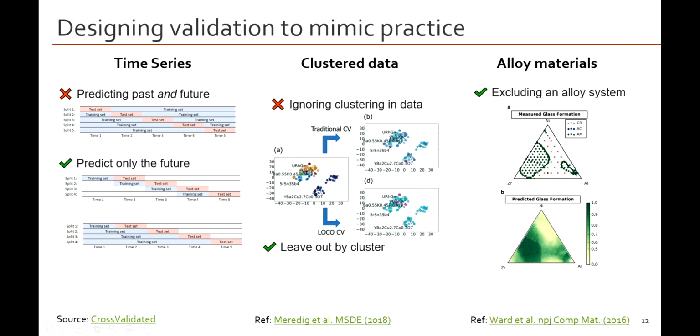Additionally, one way we often use machine learning models is to try to find new types of materials. And often the data we're training on has different subclusters within it.